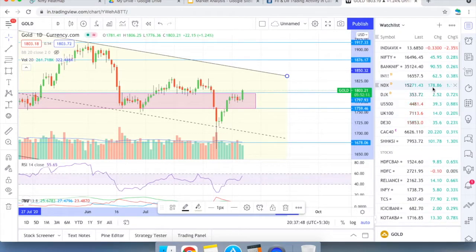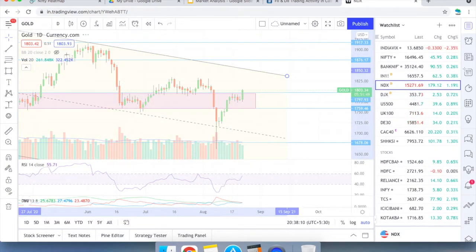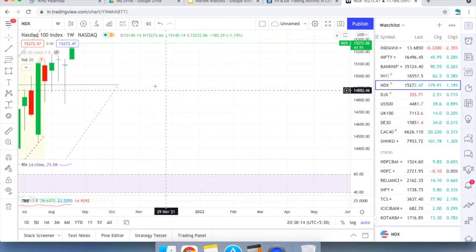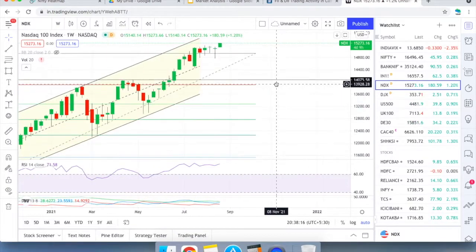So that is what the global commodity markets show, and what about the global markets? It's all green. Nasdaq is 200 points up, Dow Jones is also slightly green, and S&P 500 is also 40 points up. European markets and Shanghai and Asian markets are all showing green as of now, but let me check the next day. Nasdaq on the weekly was showing some uncertainty candles, but that is all, right?